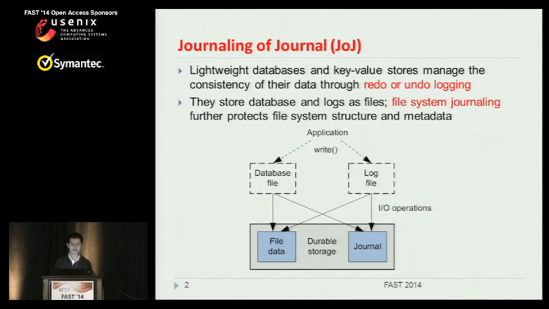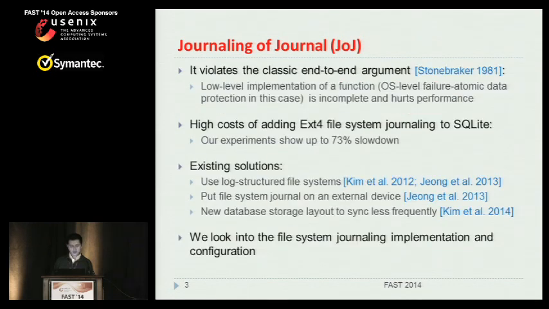Here's a very simple illustration on the slide. It shows the application writes to a database file and a log file. And both files are also committed to the durable storage into the file system and also the journal. So this journaling of journal situation is a pretty clear violation of the classic end-to-end argument in system design.